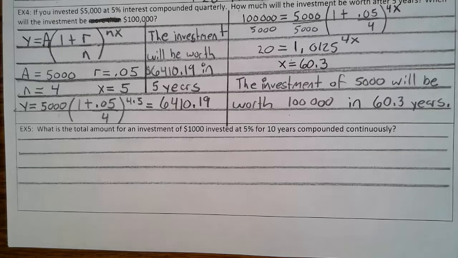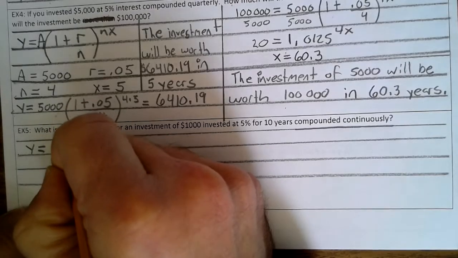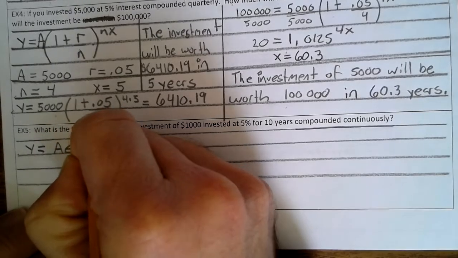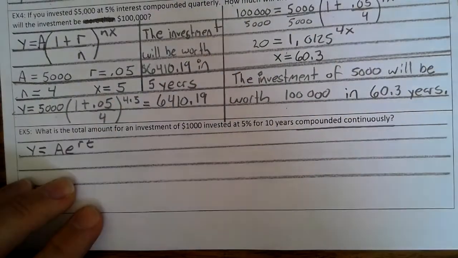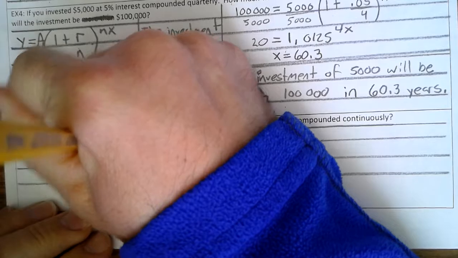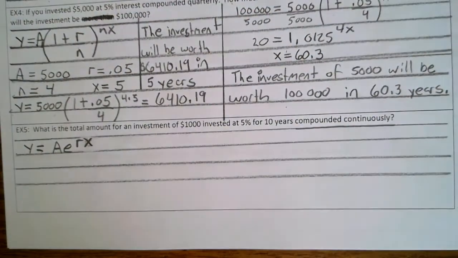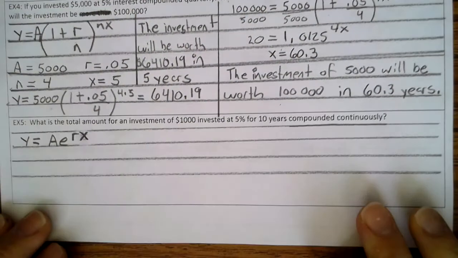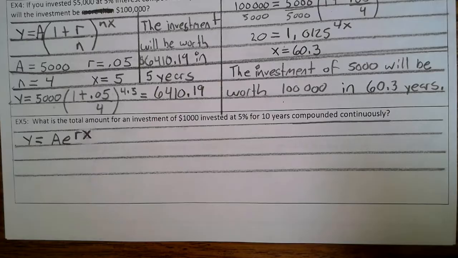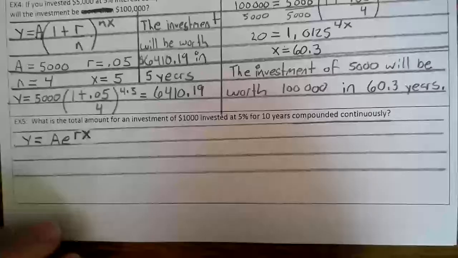So rx. Okay. So first thing, we want to define what we have. Well, A, initial investment, is 1,000. Okay. R equals 0.05 and x equals 10.